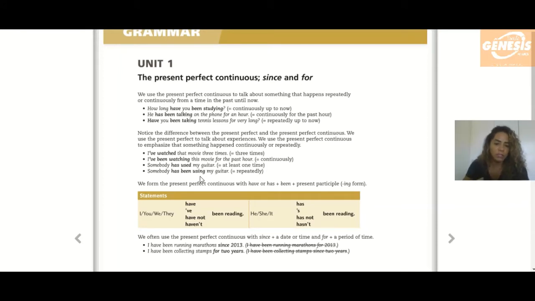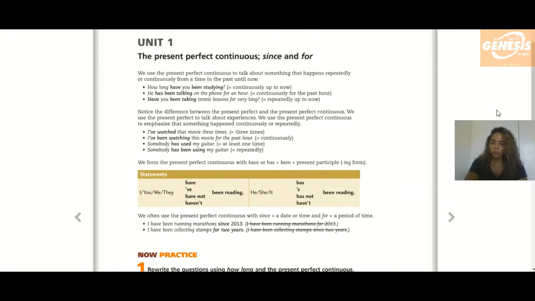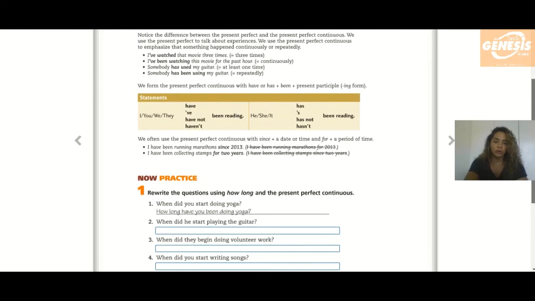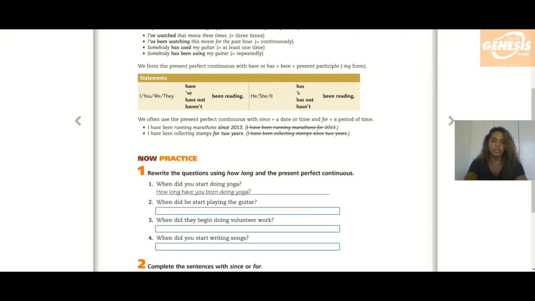We form the present perfect continuous with have or has plus been plus the present participle, the ing form, right? So the structure is just like this. I, you, we, or they have been reading.